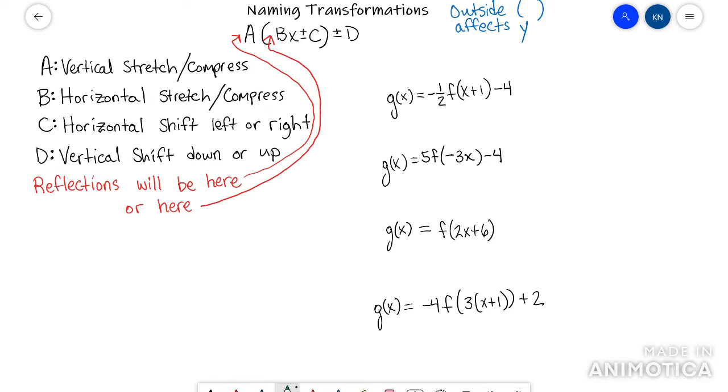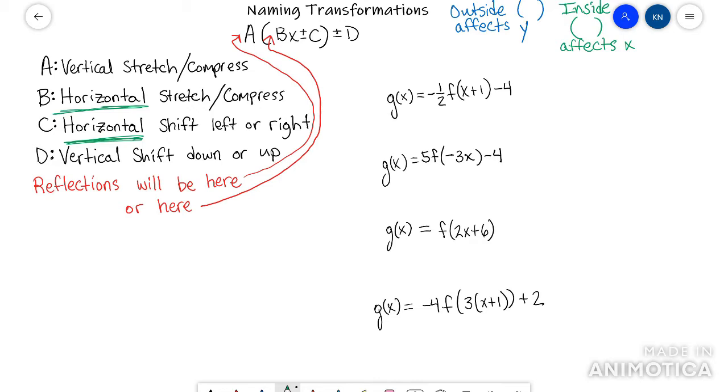If it's inside the parentheses, then it affects the x. So B and C are inside the parentheses, and they affect the x. Well, the x is horizontal. So that's really important to know.